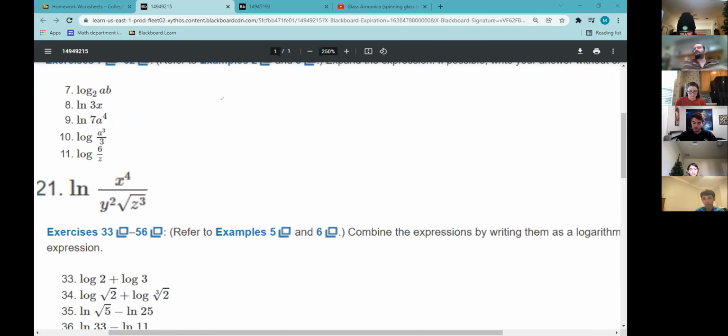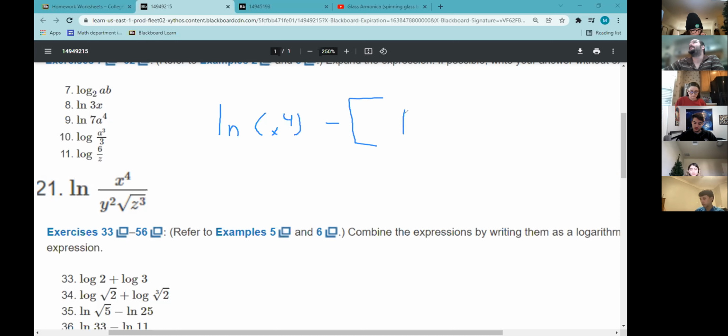for the second part we have y squared times z to the 3/2. You mean because if it's the multiplication we are going to subtract them? Again, division is where the subtraction comes in.